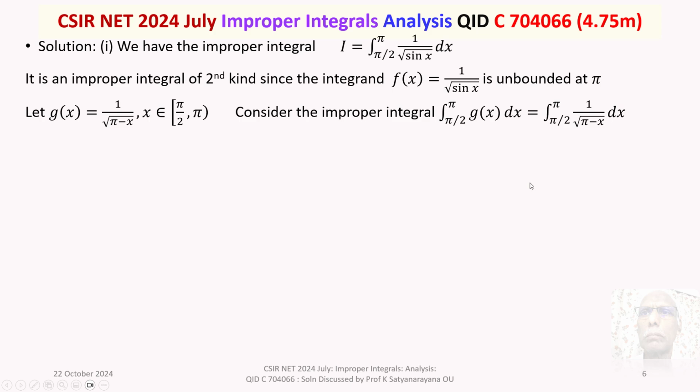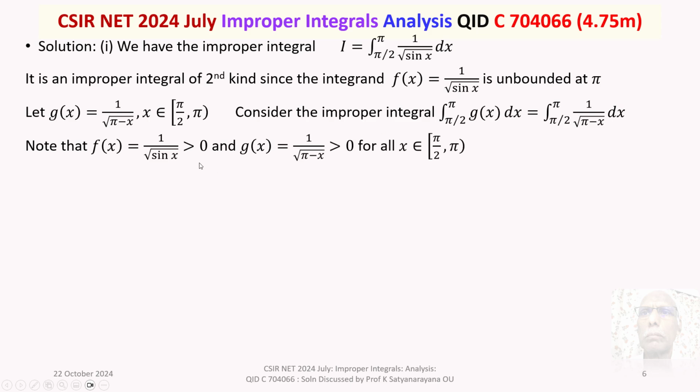Now note that f of x is greater than 0 and g of x is also greater than 0 for all x belongs to pi by 2 to pi. Whenever I say pi by 2 to pi, it is closed at pi by 2 and open at pi.